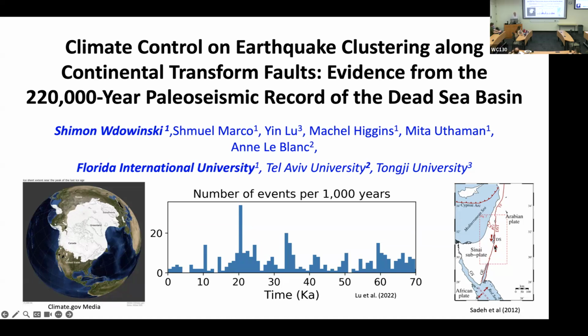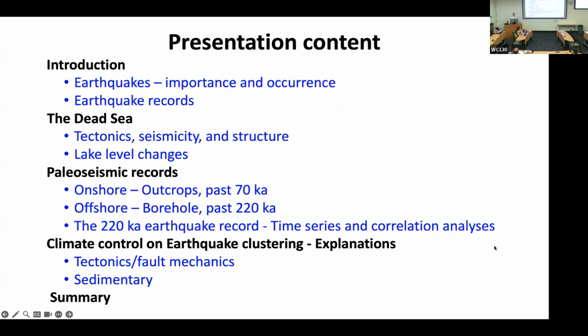And the team from Tel Aviv University that include Ishmael Marco and Anne LeBlanc. And also we have a third institution, which is Tongji University from China, that Ian Lu, who was a postdoc at Tel Aviv University, and he did a lot of work. So he's part of this team.